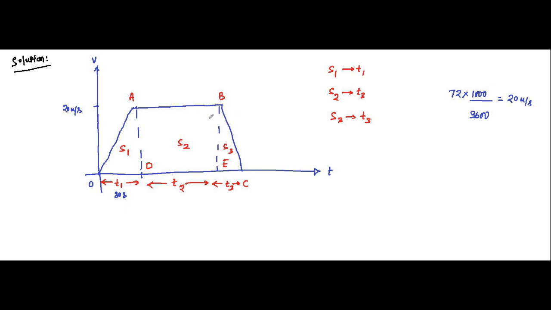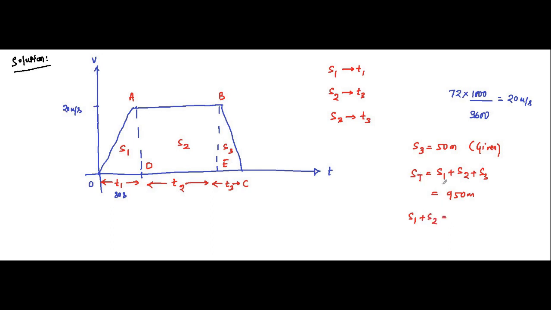Now it is given that the body is retarded within 50 meters. So it means S3 is equal to 50 meters. This is given. Then it is given that the total distance covered, that is S1 plus S2 plus S3, is equal to how much? 950 meters.